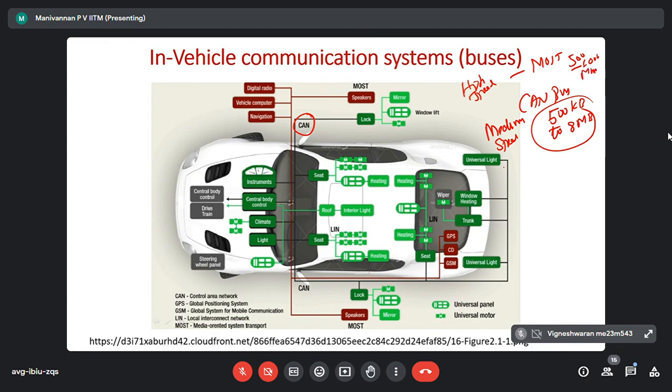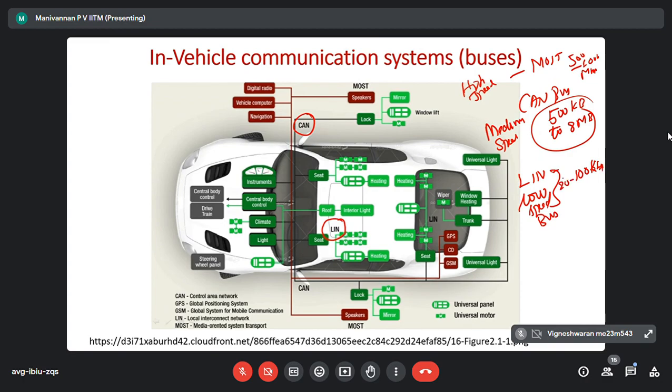Okay. Then the next one is the LIN bus. LIN bus is a low speed bus. Generally less than 100 kilobits per second, kbps. Correct? 20 to 100 kilobits.